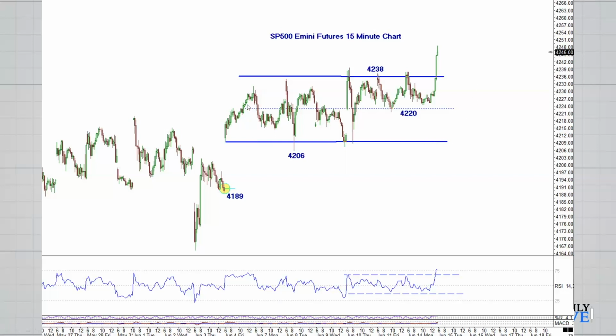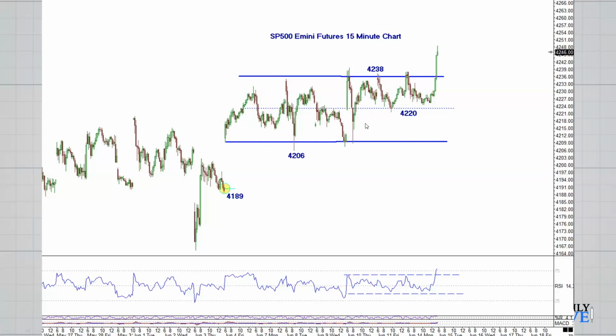Now, when I'm mapping out a range, I always look for that center line. I usually eyeball it right in. I'm looking for these price areas where price is clustering around, testing up, testing down.